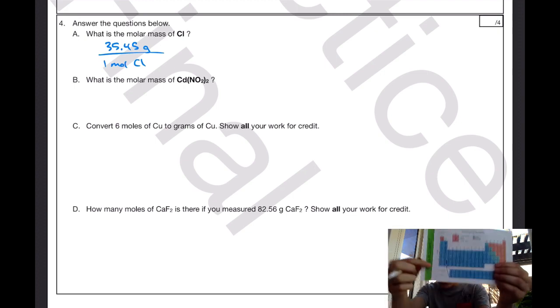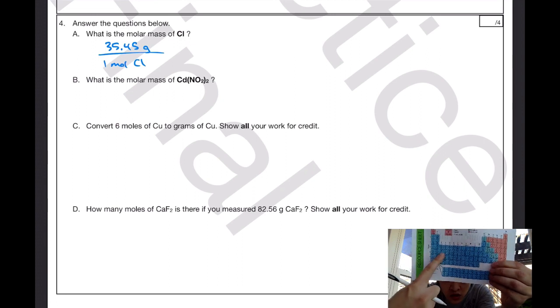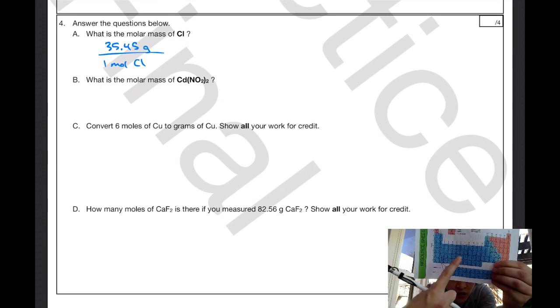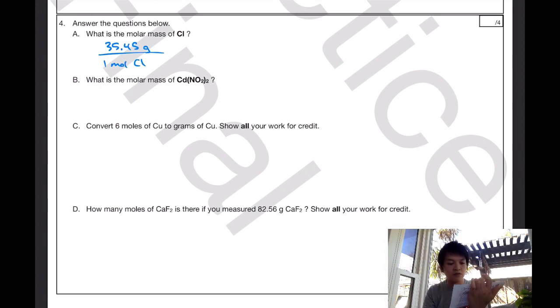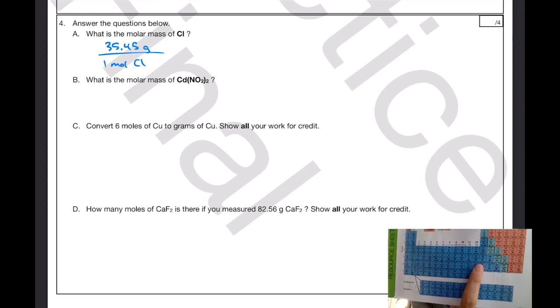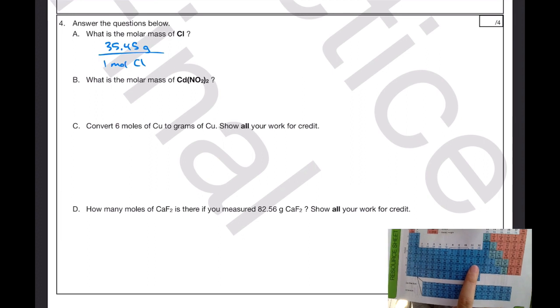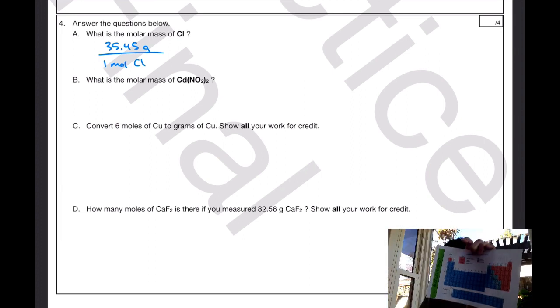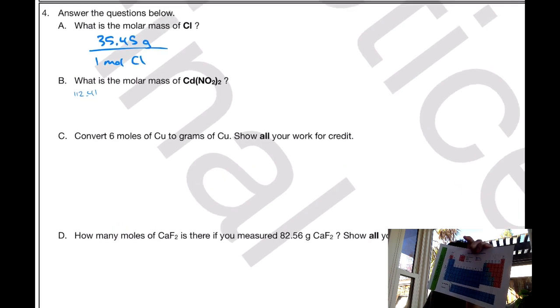Find cadmium. Cadmium is somewhere in the transition metals. It is number 48. It has a molar mass of 112.41. That's the molar mass of cadmium.